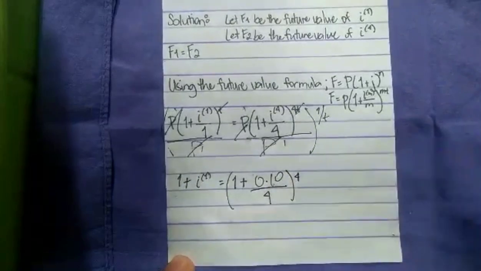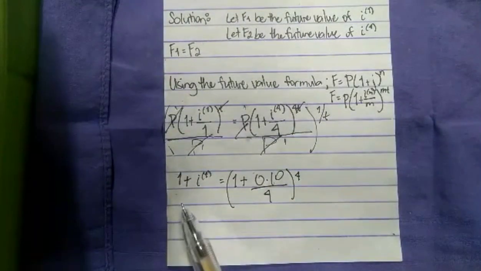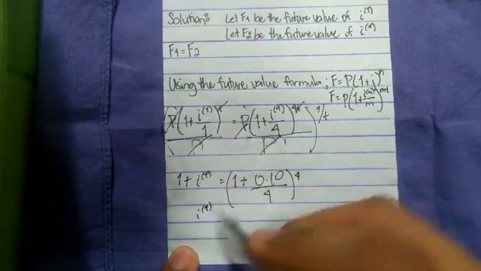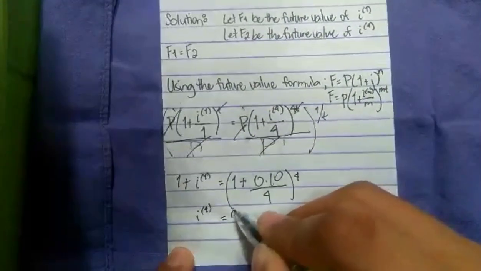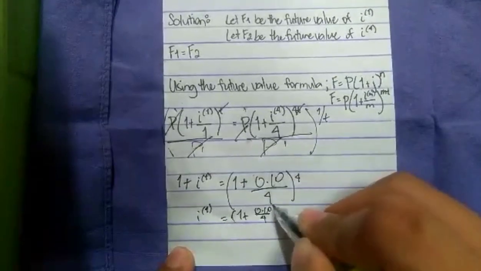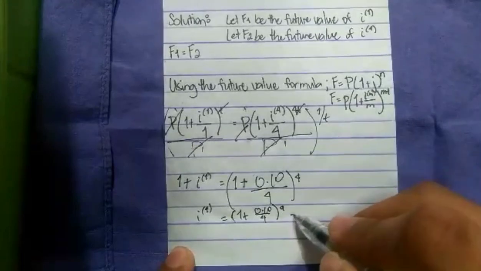Now, since there is a 1 here, we can transpose it to the other side. So i^(1), the effective rate rather, equals 1 plus 0.10 over 4 raised to the power of 4, and then minus 1.